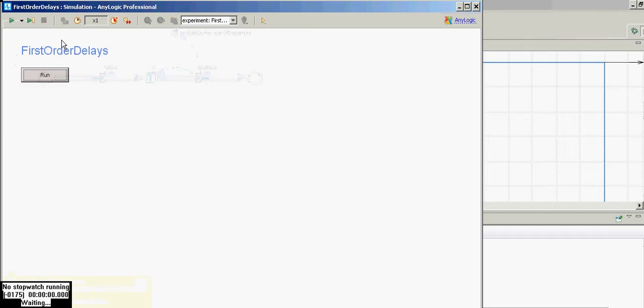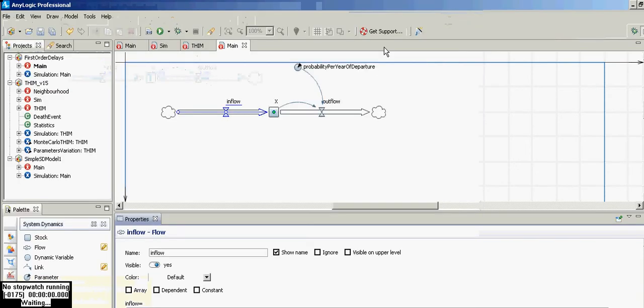First of all, I want you to tell me right now another way that I could define this first-order delay that's mathematically identical, but phrased in quantities that sometimes are more readily available than the chance per year of departure. Give me another way of specifying this. Aha, mean time until exit.